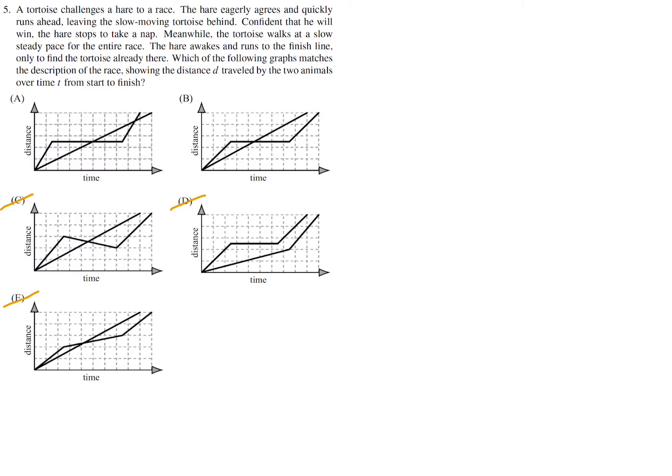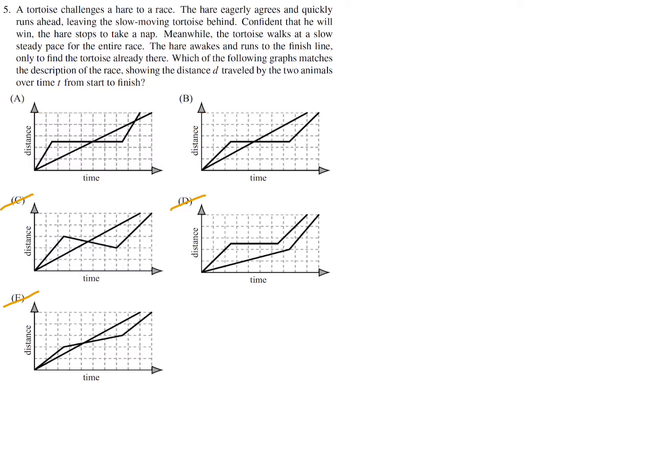Who wins the race? Well, according to the question, the hare awakens and runs to the finish line only to find the tortoise already there. So the tortoise wins the race. So that means the tortoise gets to the finish line before. So which one of these shows that? Let's just say that the finish line is represented by that topmost bar there on the distance. Who has the shortest time?